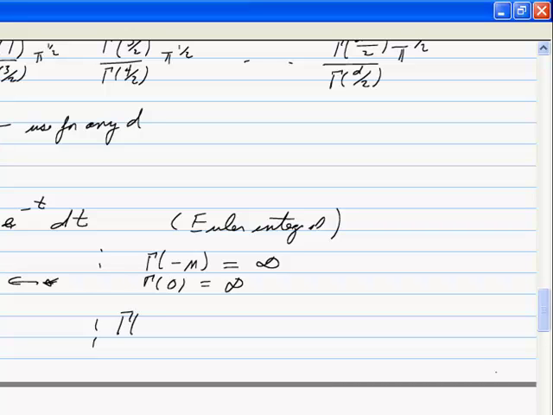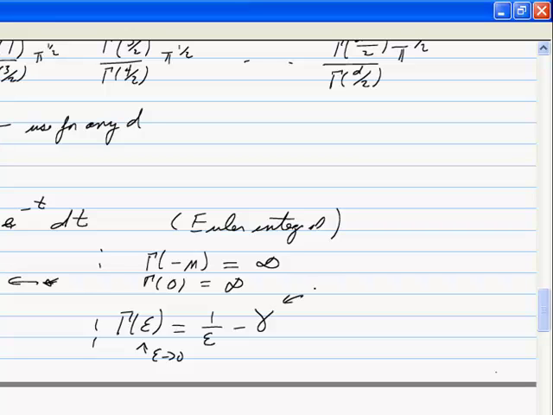But gamma of epsilon, okay, so now epsilon is small, epsilon is going to 0, is 1 over epsilon minus a different gamma.